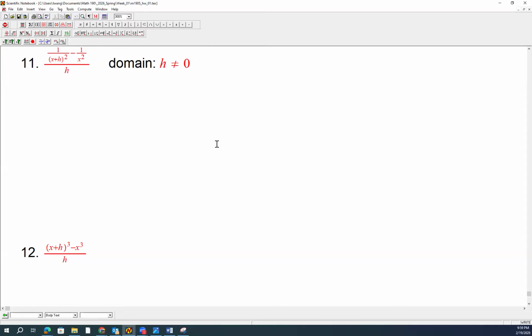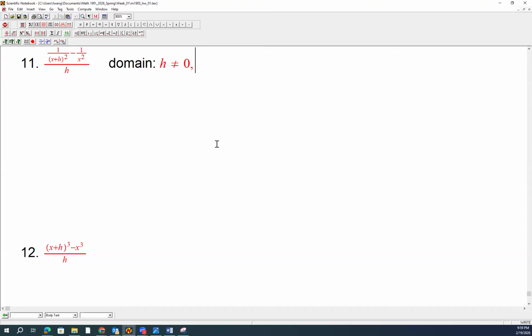Then you say, how do we do with x? If x is treated as a variable, of course, x cannot be 0. But here, we're going to treat x as a constant. So just don't worry about x, because in the future for this kind of question, we'll be taking limit on h.